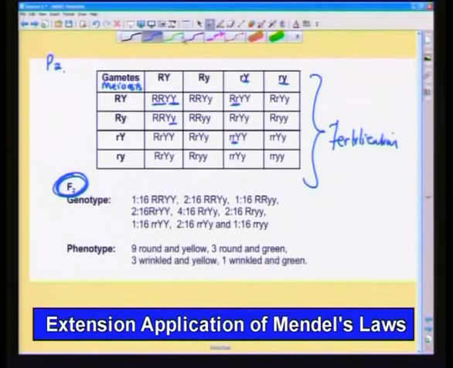Otherwise, look at this. You end up with something like this, where for example here you have Y, Y, capital R, small r. And here you have capital R, capital Y, small r, small y, and you look at this, and some are r's and some are y's. You're not going to be able to see what your combinations are for your genotype.